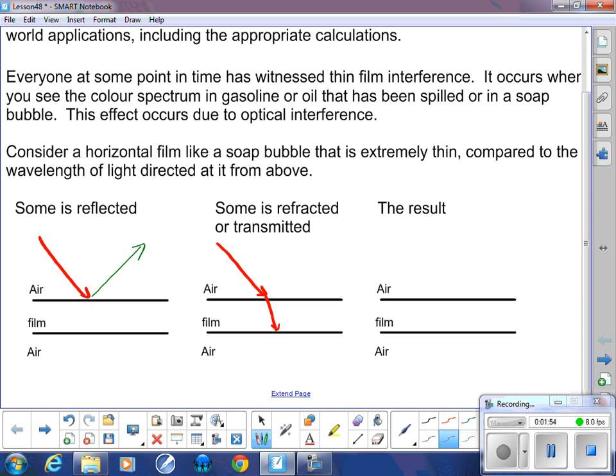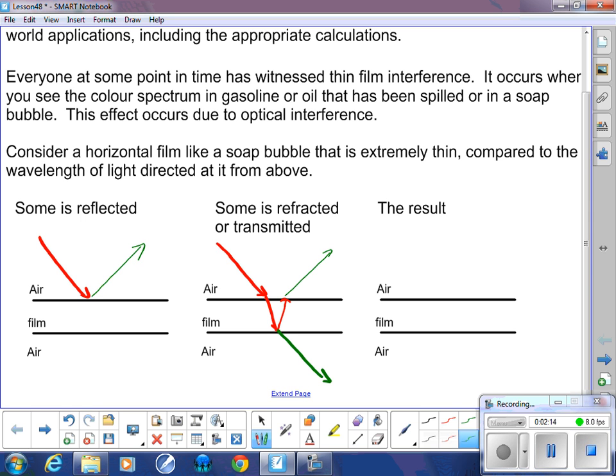At this second interface, there are two options. The light could exit underneath, or it could be reflected back up again, which means it would be exiting like that. So we have a combination of things that can happen.